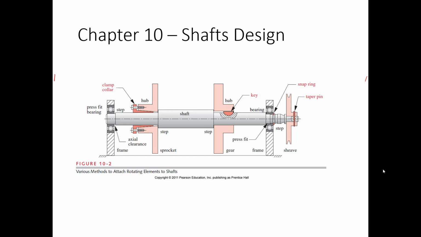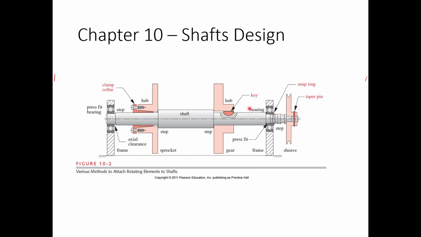So now let's first take a look into what are some of the criteria or some of the variables that control the shaft design. As we can see in this picture, you have different functions or structures being assembled or installed in the shaft. So let's go back one step.